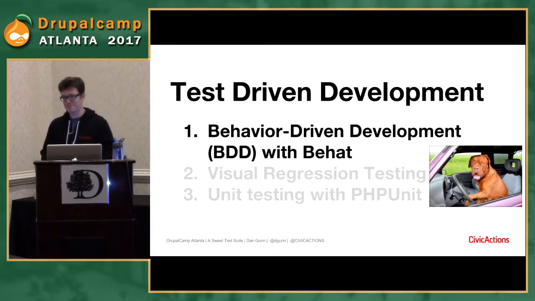Can apply to site building activities. It can take a little bit longer to run just because they're fully bootstrapped and have to go through all of the Drupal processes. We'll also take a look at visual regression testing briefly, which compares snapshots of the site before and after changes. It's a good low-touch way to get a lot of code coverage.